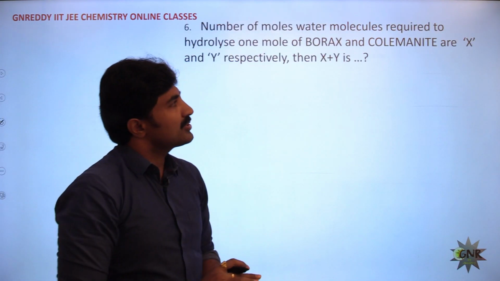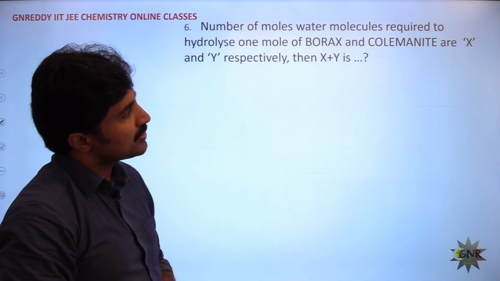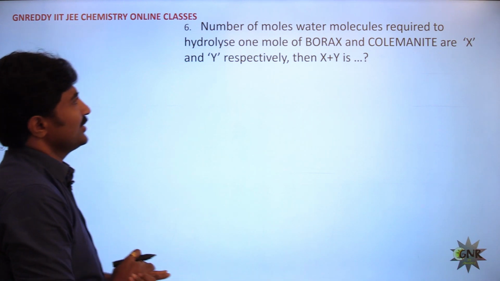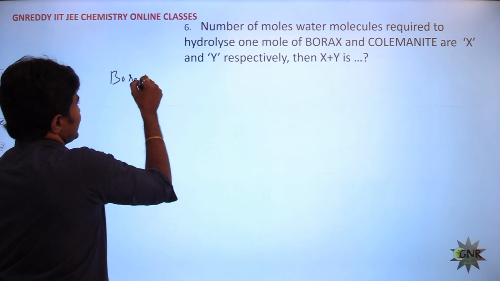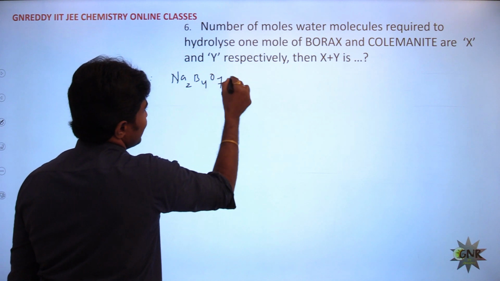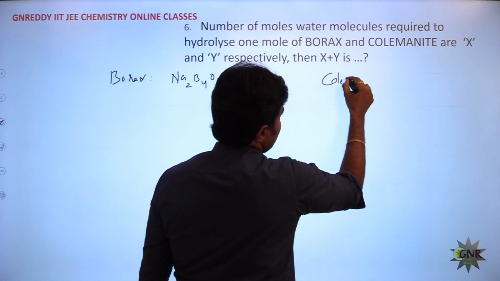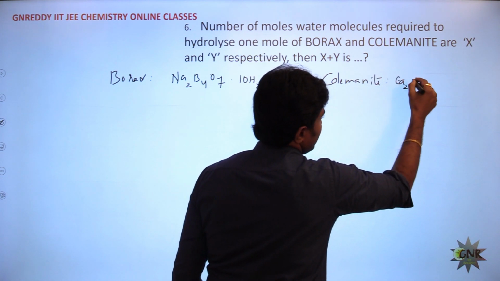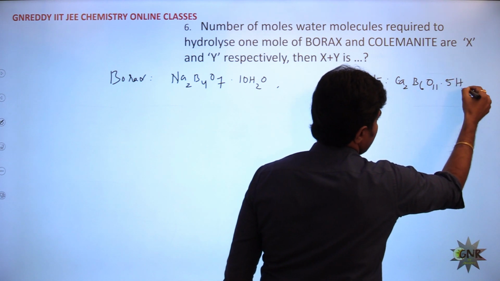So this is the number of moles of water molecules required to hydrolyze 1 mole of borax and colemanite are X and Y respectively. Then what is X plus Y? If you take the borax, this is Na2B4O7.10H2O, and colemanite is Ca2B6O11.5H2O.